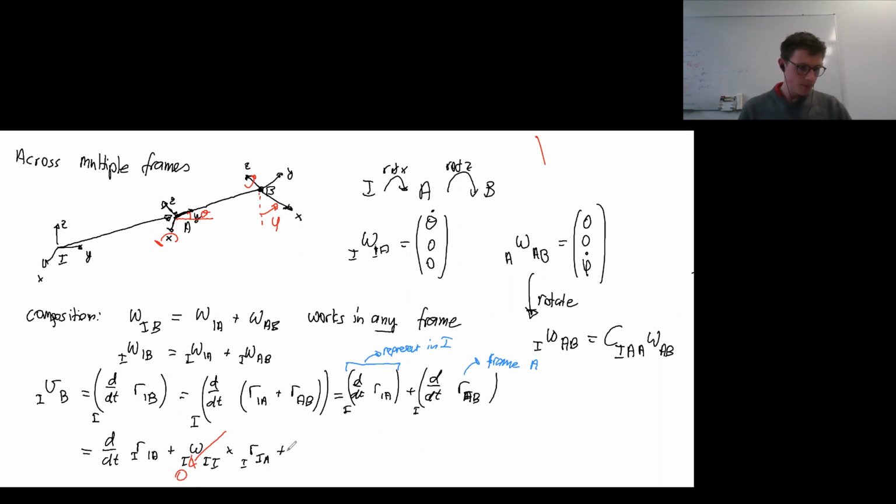And for the second part, we have d by dt of r AB in A, so just the differential, plus, and now here we of course have the omega part because the A frame is potentially moving, cross r AB in A. The first term here is usually 0, because the displacement between A and B does not change over time, usually because they are fixed.